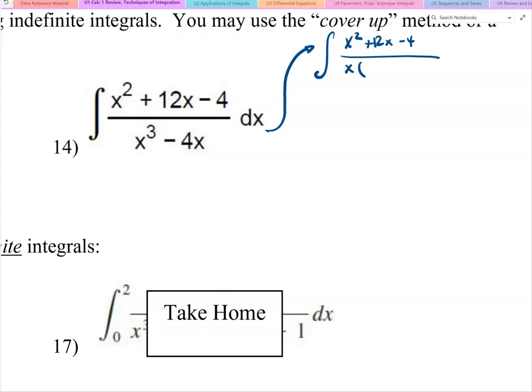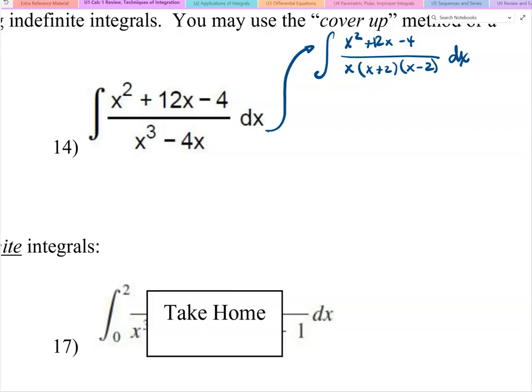We have x as a GCF times x squared minus 4. And then immediately we should recognize that x squared minus 4 factors into x plus 2 and x minus 2. So there's the original problem rewritten in its factored form.